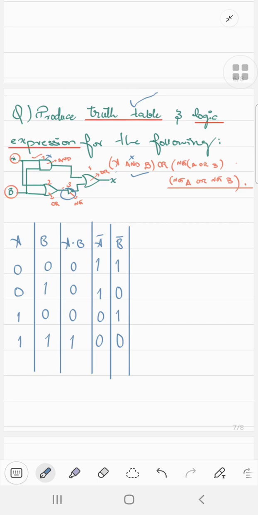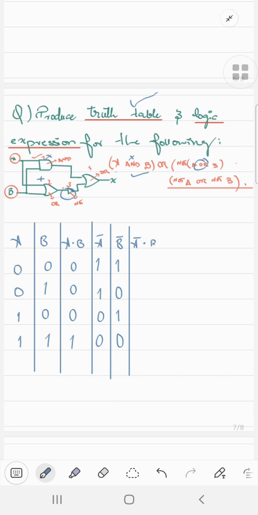Now both of them, the inverse of A and B, are being added because it says OR gate, right? Both the inverses are being added together. Here you can also say this is the NOR gate, because you just simply add A and B and inverse the output you get, or you do it this way, you will get the same answer. Let's add them.